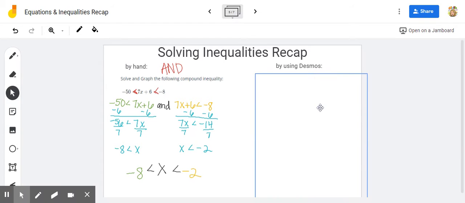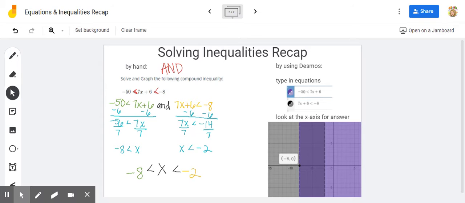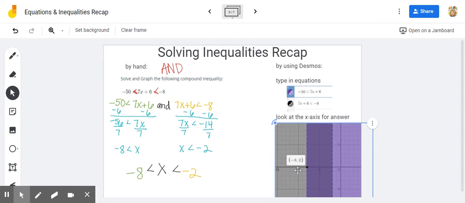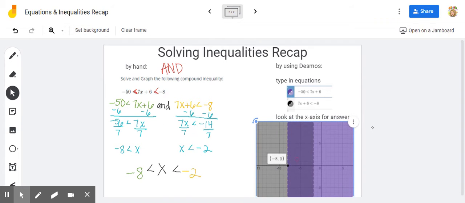Now, you can also graph this in Desmos, but to do so, guys, you have to type it in separately, just how we broke it apart at the beginning. So your negative 8 is here. It is dotted.